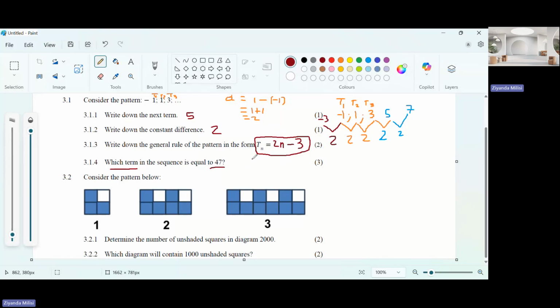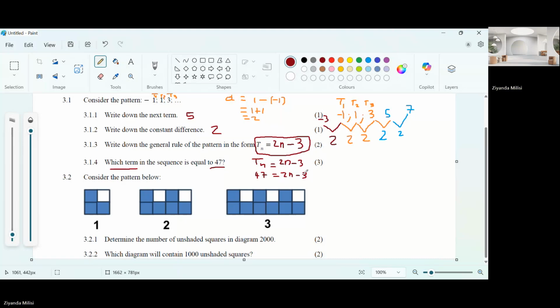Tn is equal to 2n minus 3. So we have Tn, the value of the term, which is 47, equal to 2n minus 3. Then you can transpose your 3.